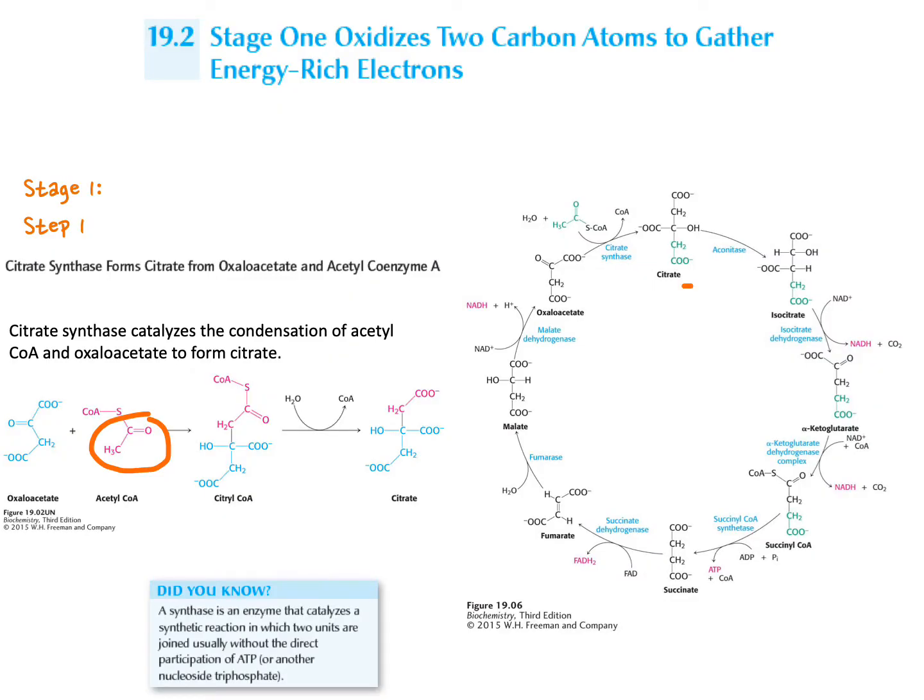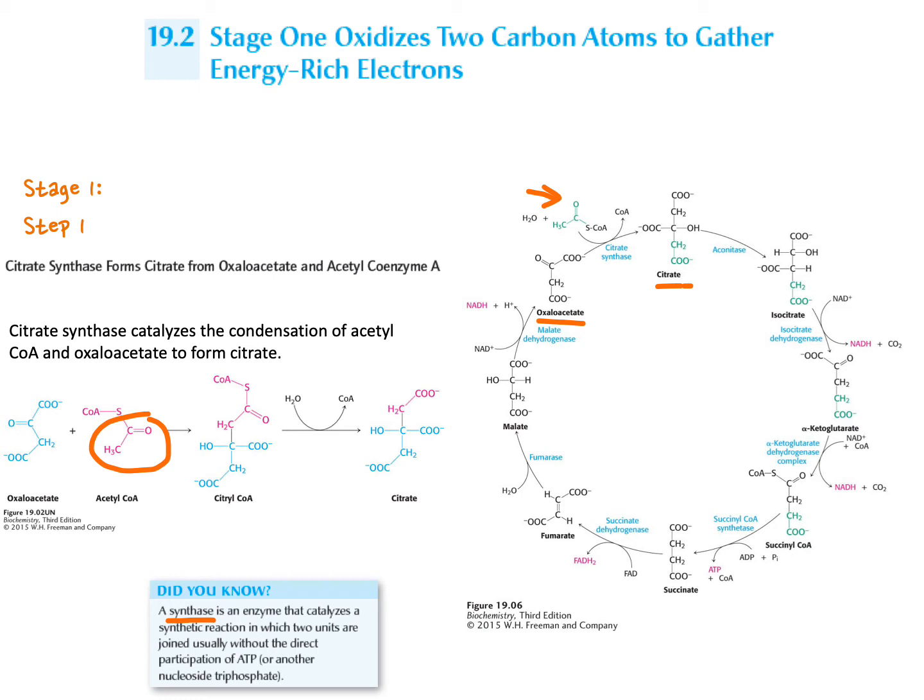Let's look at stage 1, step 1. The acetyl unit carried by acetyl-CoA enters the citric acid cycle through here. It condenses with oxaloacetate and forms citrate. The reaction is catalyzed by a synthase.